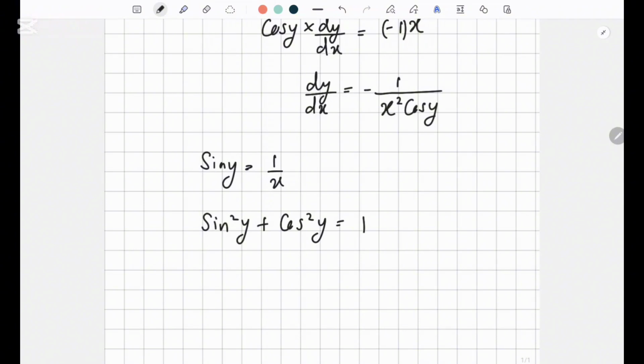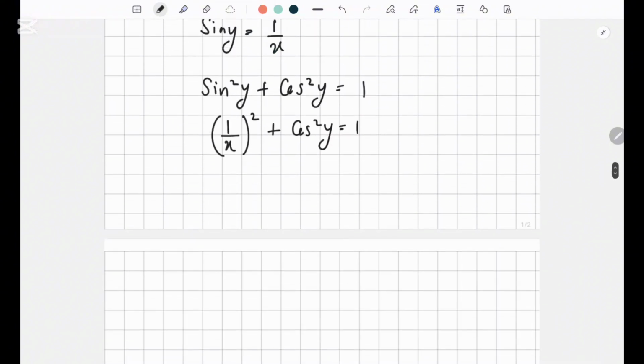I'm sorry, I'll be making a bunch of videos, so I'm just jumbling things up. So sine squared y plus cos squared y equals 1, right? You guys know that. So sine y is 1 over x, so 1 over x squared, plus cos squared y equals 1.